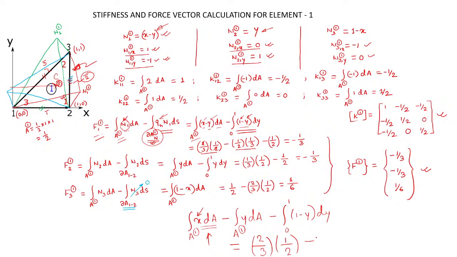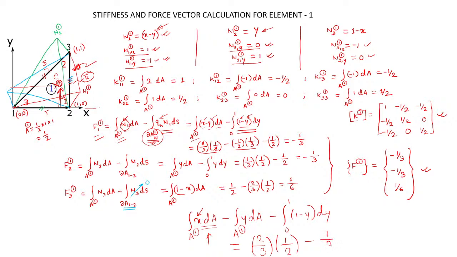Similarly, when I am integrating y dA, it is the first area integral about the x axis. So I have to find the distance of the centroid from the x axis, and in this case it is 1/3.